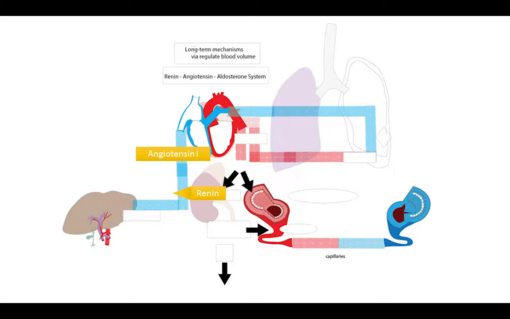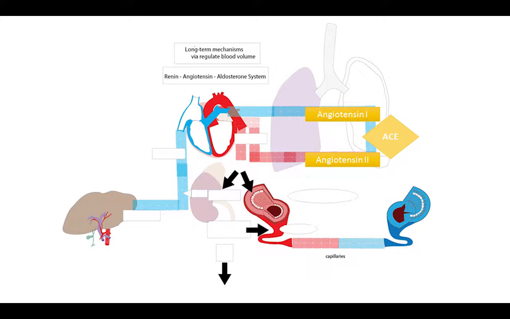Renin then converts angiotensinogen to angiotensin 1. Angiotensin 1 will pass through the heart into the pulmonary circulation, where angiotensin converting enzymes, or ACE enzymes, located on the endothelial cells lining the pulmonary vasculature, convert angiotensin 1 to angiotensin 2.